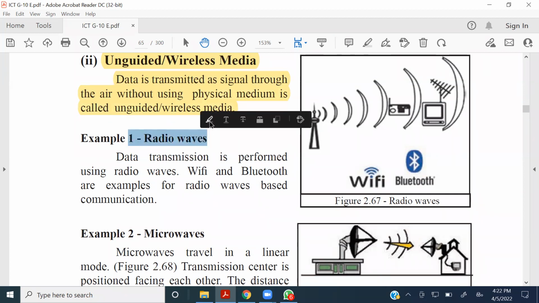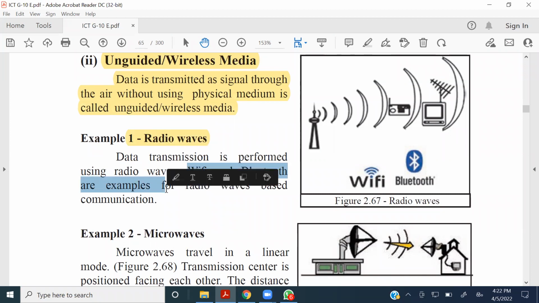As number one, radio waves. You can write Wi-Fi and Bluetooth as the examples. That is enough for that.